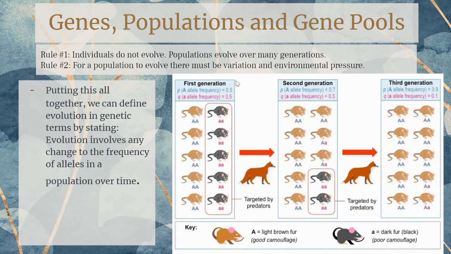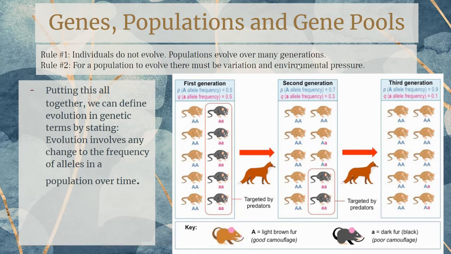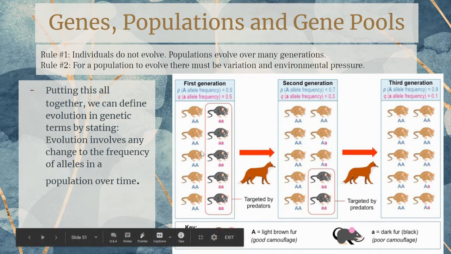So this population of mice has variation, but when Mr. Fox moved in, it also had environmental pressure in the form of a predator. Now, this fox has an amazing ability to see the dark colored mice better because the brown fur is really good camouflage for these guys.